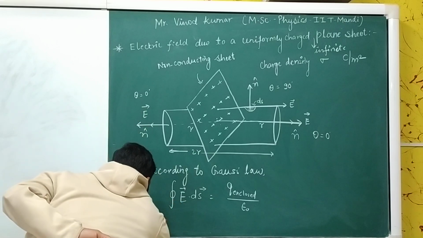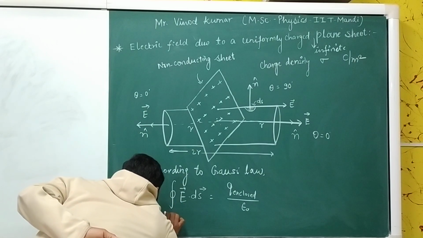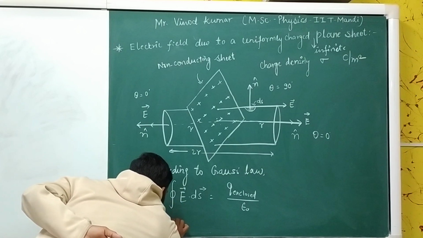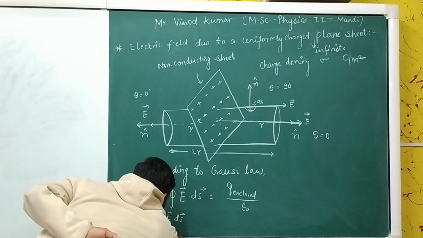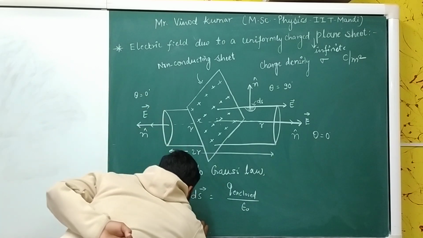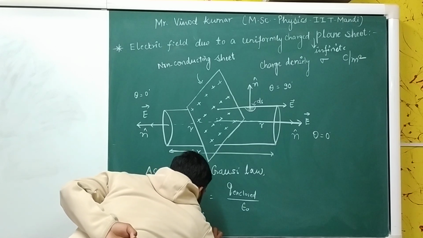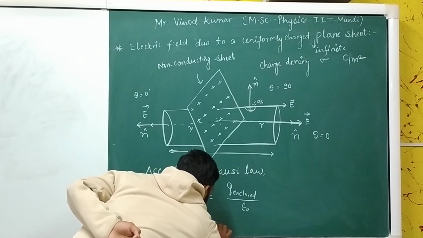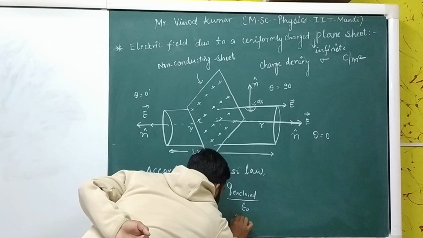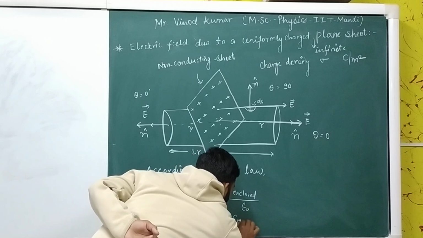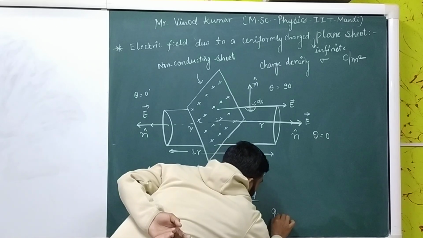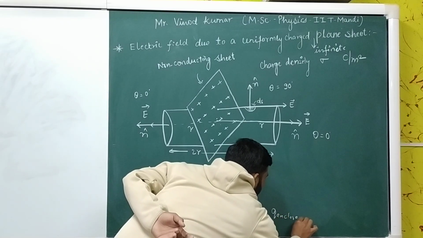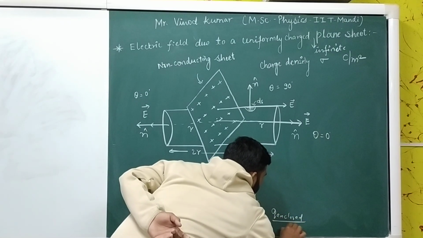So it can be divided into three parts: E vector dot ds vector for the first surface, plus E vector dot ds vector for the second, plus E vector dot ds vector for the third, equals Q enclosed by epsilon naught.